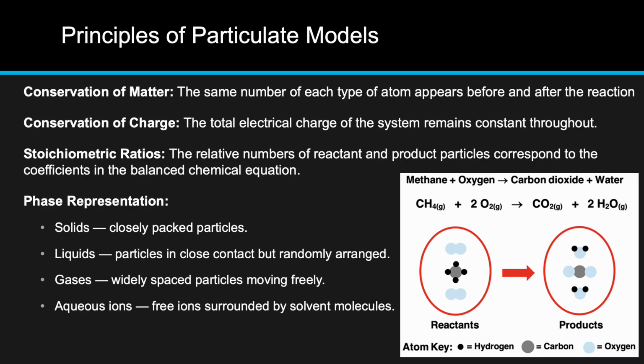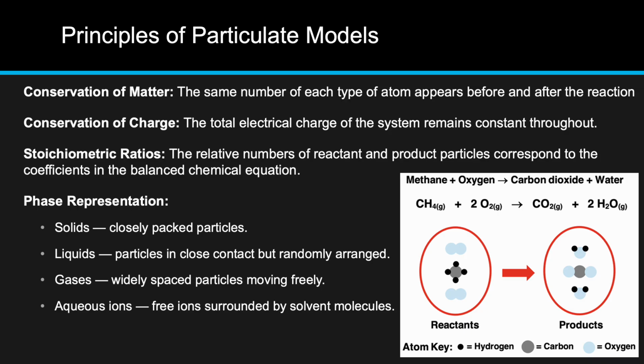And then when we're looking at phase representation, just remember that when you have a solid, it's going to be shown as a tightly packed sample. Liquids are going to be still close but randomly arranged. Gases are going to be widely spaced and kind of sporadic.